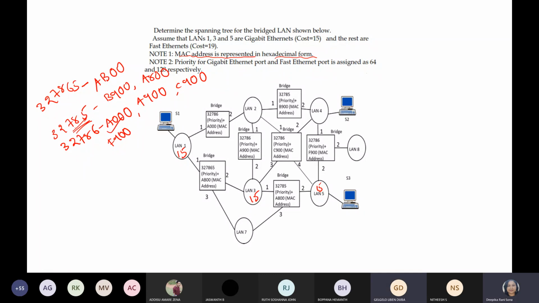I guess because we have to compare the last digit with the MAC address given, the hexadecimal data. Irrespective of 32784, 785, 786 or any number, we have to compare because it has clearly mentioned that MAC address is represented in hexadecimal form. So we have to compare the hexadecimal data. Okay. So this is the root bridge. In this way you have to find out the other parameters.